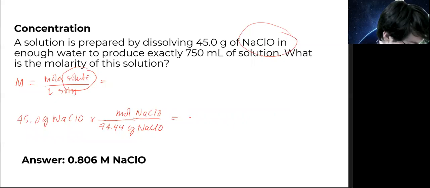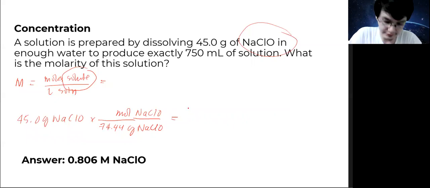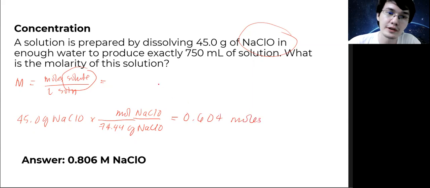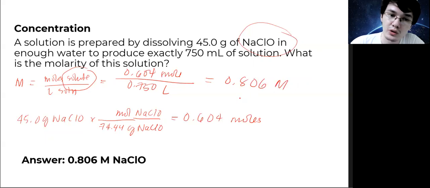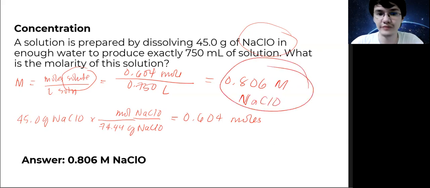Then we will get 0.64 moles. Then we use that. The volume should always be in liters. Then we will get 0.806 molarity of sodium chlorate. So basically, we just substitute into the equation.